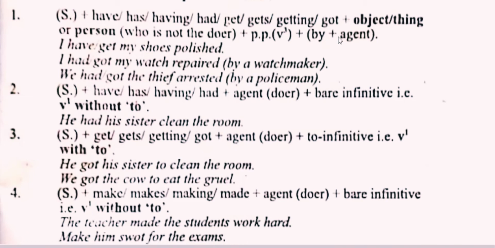Any form can be there. So the verb have, and there can be get also: get, gets, getting, got. See, subject plus have, had, and so on, then get, and so on. From all these alternatives, any word may be used.